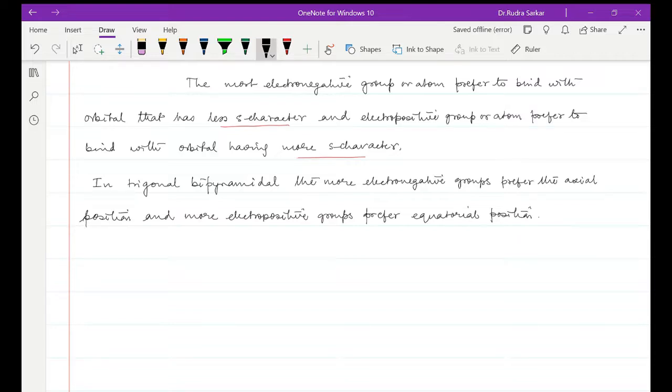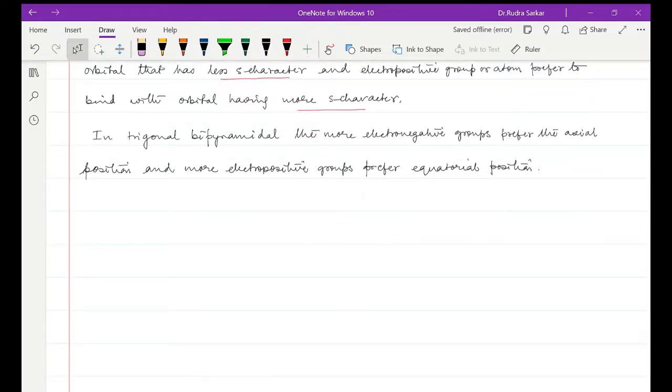Why so? Because in a trigonal bipyramidal structure, which I am showing over here with the orbitals, it is basically sp3d hybridization.